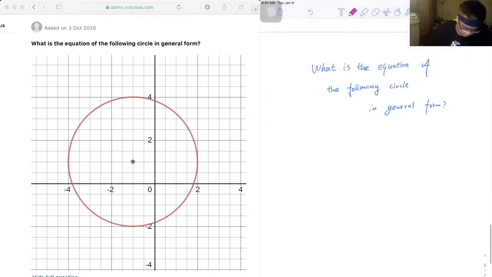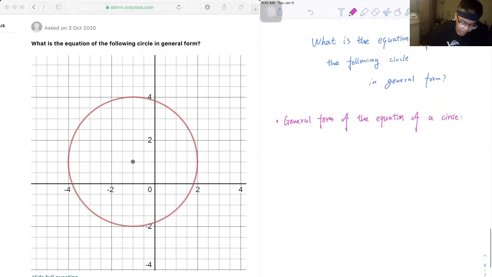The general form of the equation of the circle is given by the formula x squared plus y squared plus dx plus ey plus f, which is equal to 0.